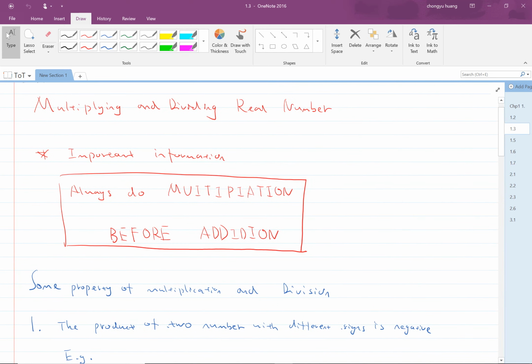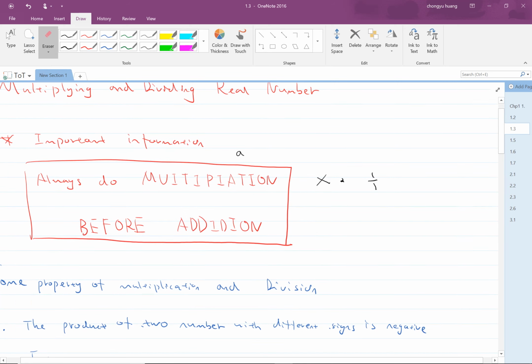The first thing, always remember, always do the multiplication before the addition. Multiplication means something like a cross or a dot, and then also the division. So you always do the multiplication and division before addition and subtraction.